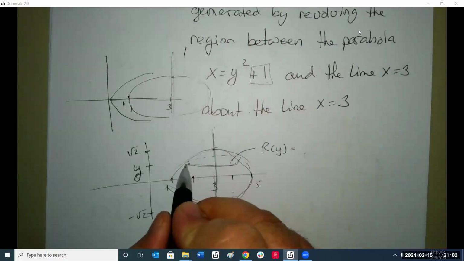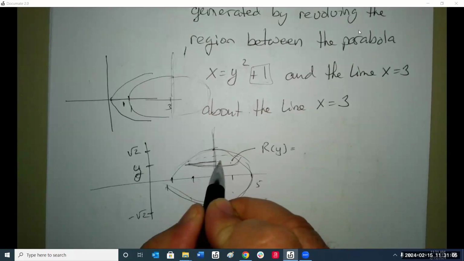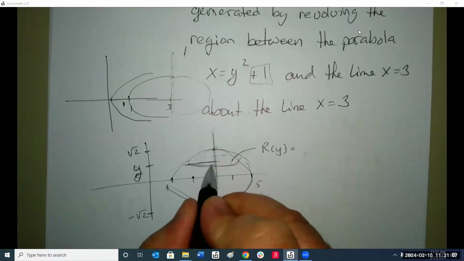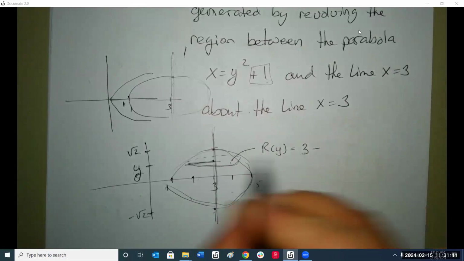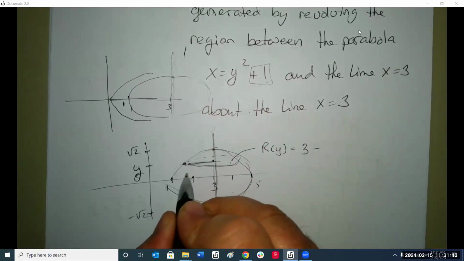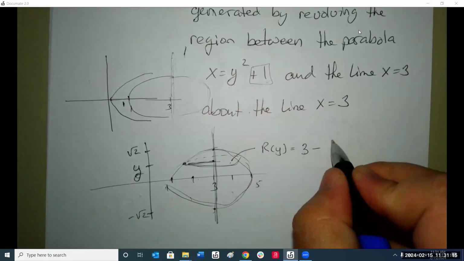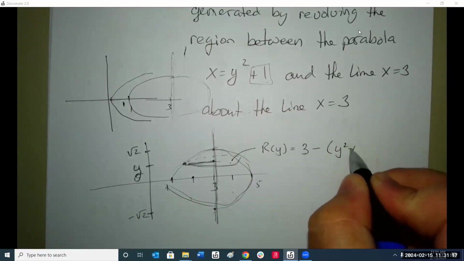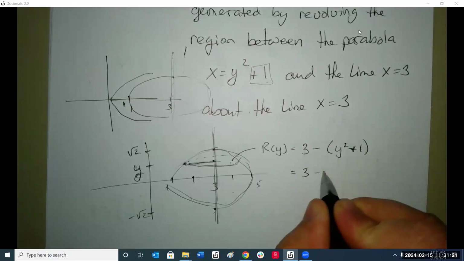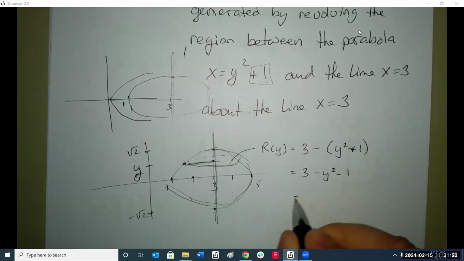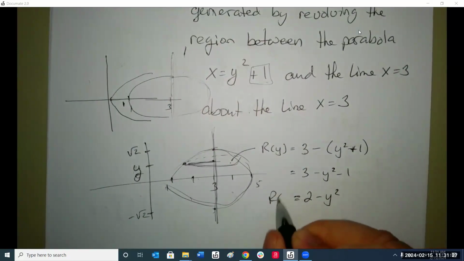From there to there, that's the radius of the circle. So that's 3 minus the function itself, which is y squared plus 1. 2 minus y squared. That's my R.